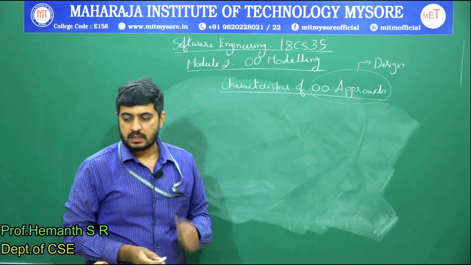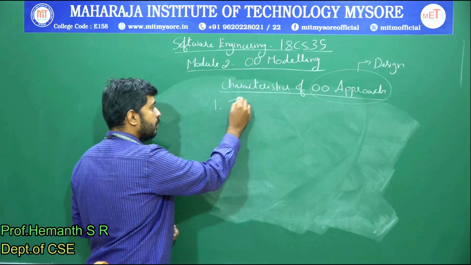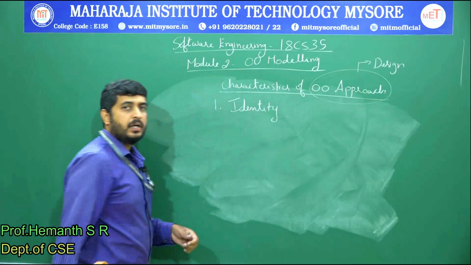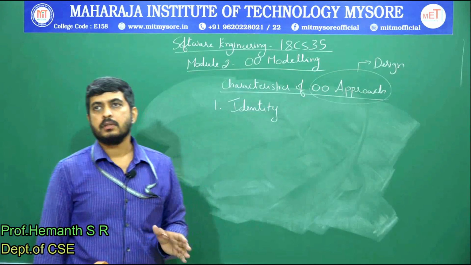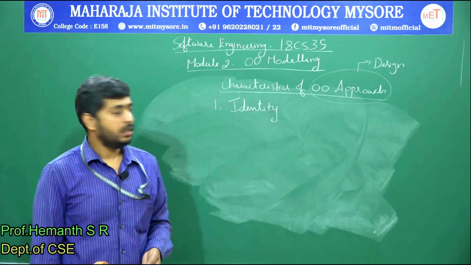The first characteristic of the object oriented approach is objects having identity. Try to identify the objects with unique identity, which are nothing but entities.